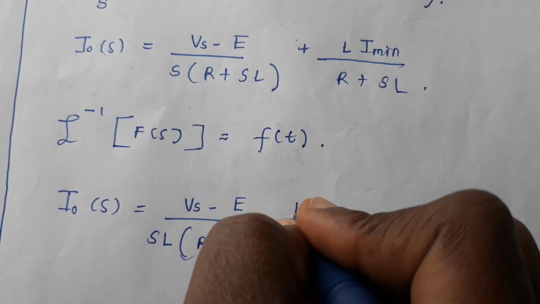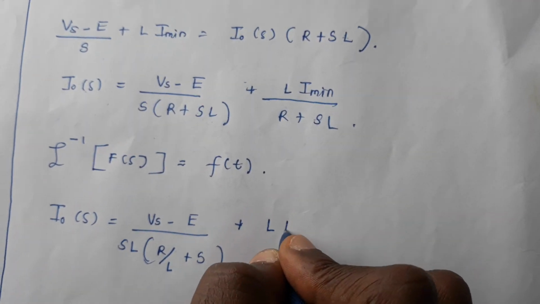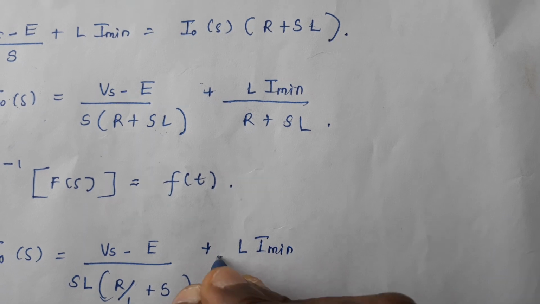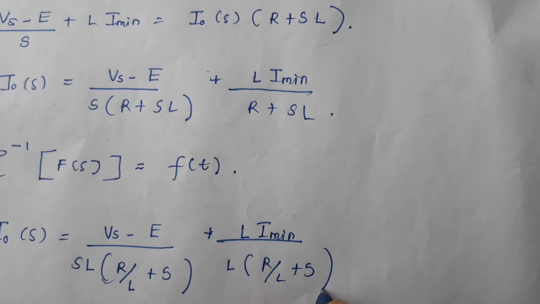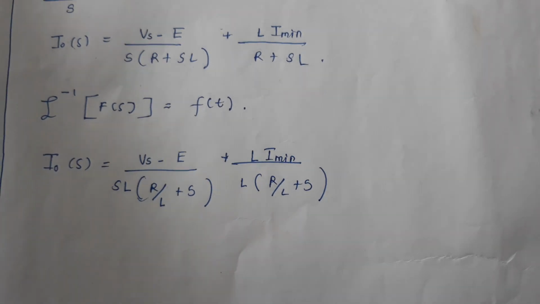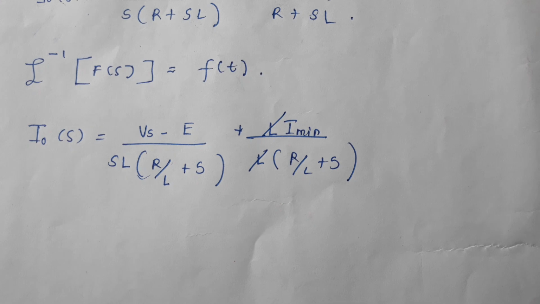Similarly, for this other part, I min, we have to take out L also, so that we're going to have R over L plus S. Then, as you can see, these L and L can cancel.